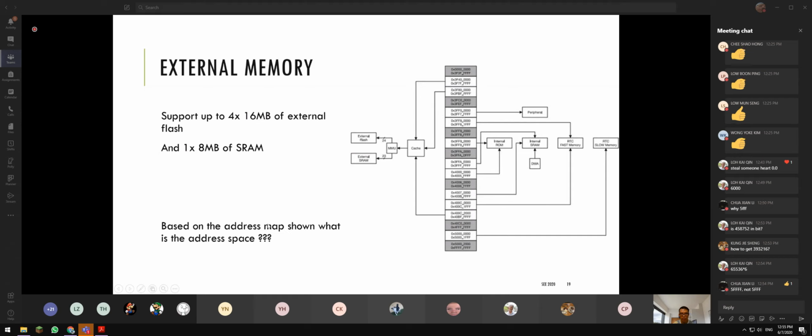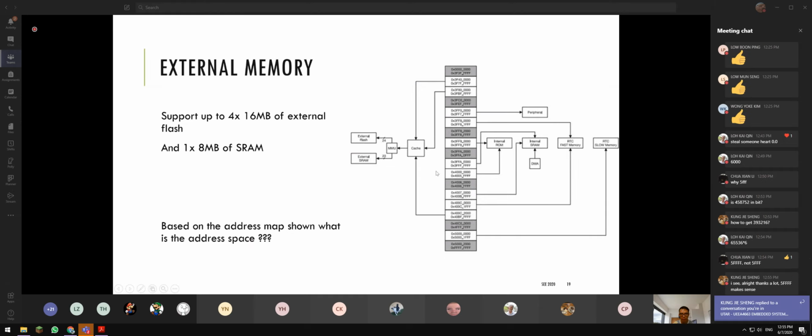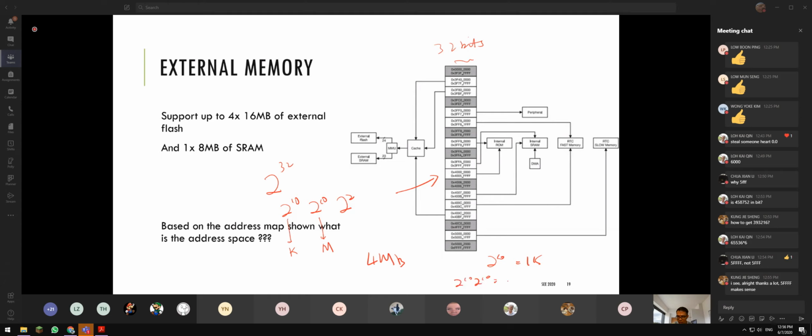Based on this memory map, can you tell me what the address space is, and what the total size is? Here it is 32 bits, so it's 2 power 32. 2 power 32 is 2 power 10, 2 power 10, 2 power 10, and 2 power 2. 2 power 10 means K, the next 2 power 10 is Meg, so it's about 4 gigabytes of memory. 2 power 10 is 1K, and 2 power 10 times 2 power 10 is 1 meg.